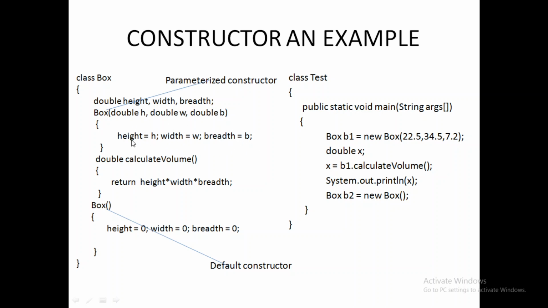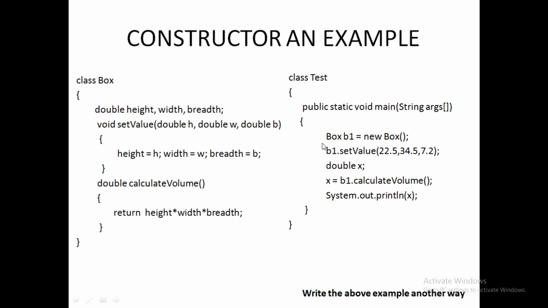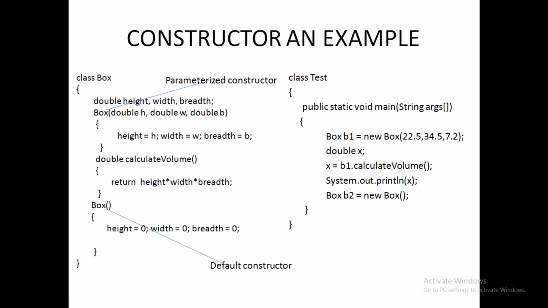So the previous two lines where I created the b1 object and initialized it with an explicit method call are not there in this example. So in this context, constructor comes into the picture.